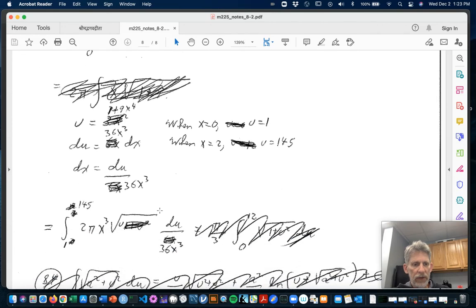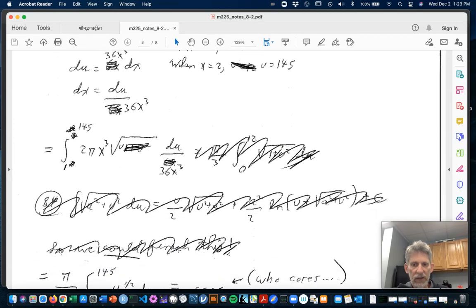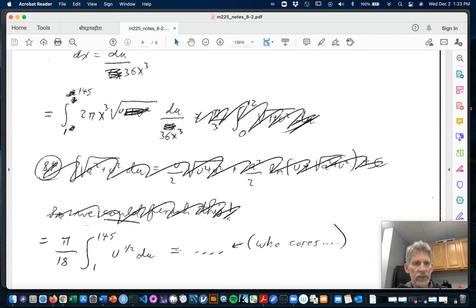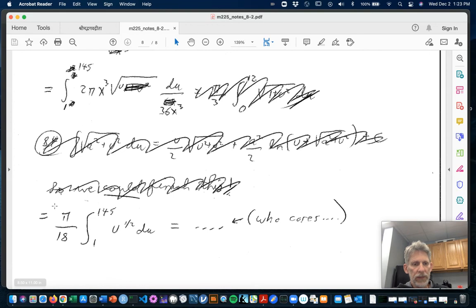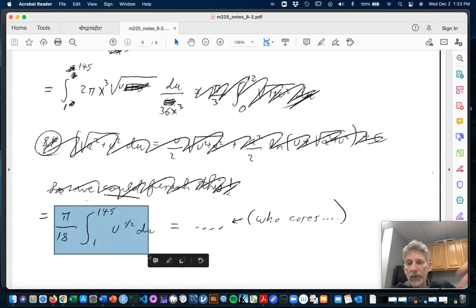And so our integral becomes the integral from 1 to 145. I've still got my 2 pi x cubed here, but now I've got a square root of u instead of the square root of 1 plus the 9x to the 4th, and I've got this stuff instead of my dx. The x cubes cancel, as I imagined they would, and you get an integral that you can proceed to work with.